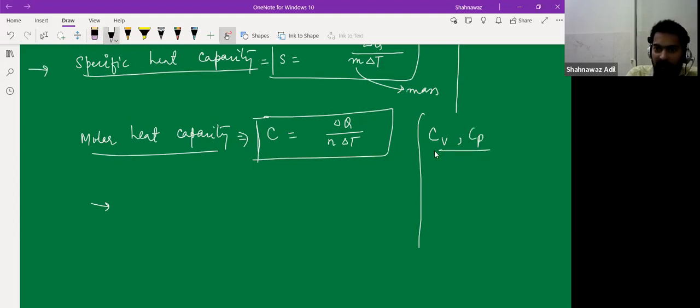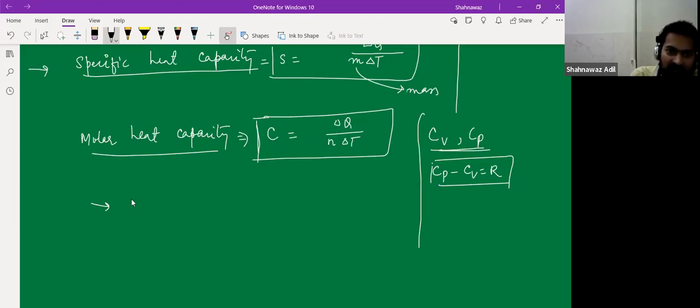Did you learn this in your chemistry thermodynamics part? Yes, sir. And how are these molar heat capacities related? Cp minus Cv is R. Right, guys.